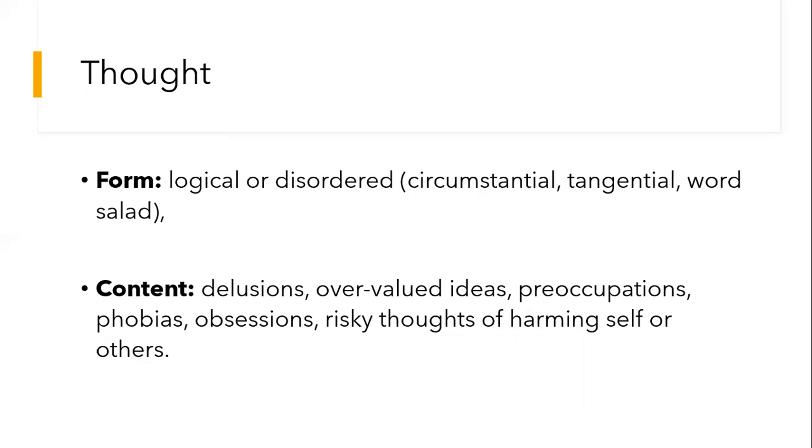Or is it not so overt, where you've had to really probe them and ask them questions and challenge that to see if they're expressing those delusions? Are they preoccupied with anything at the time of the examination? Are they expressing any thoughts about hurting themselves or hurting other people?